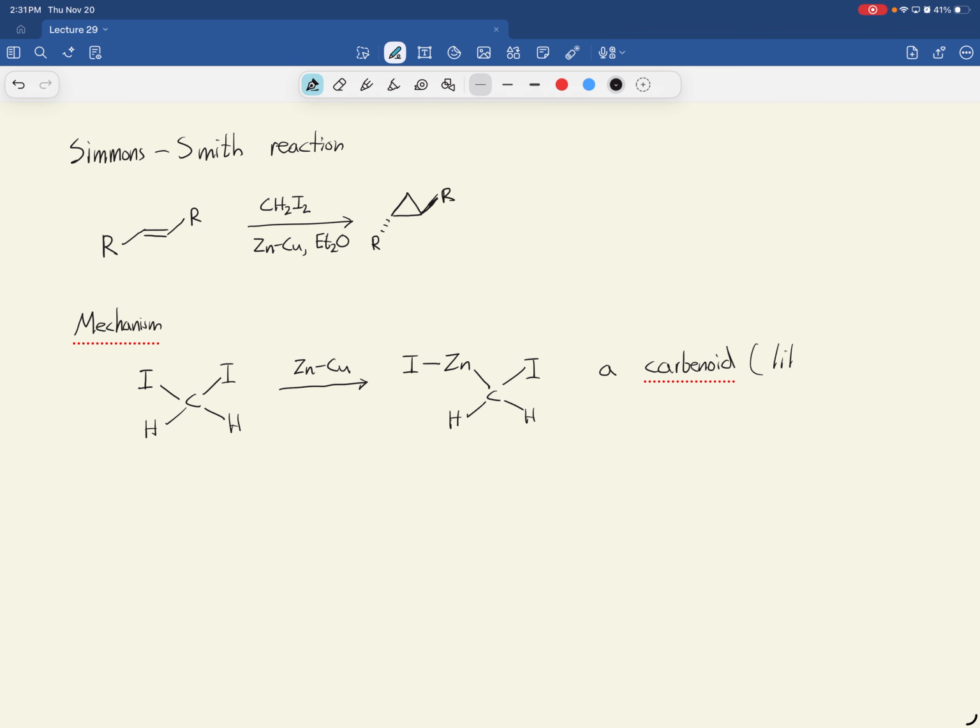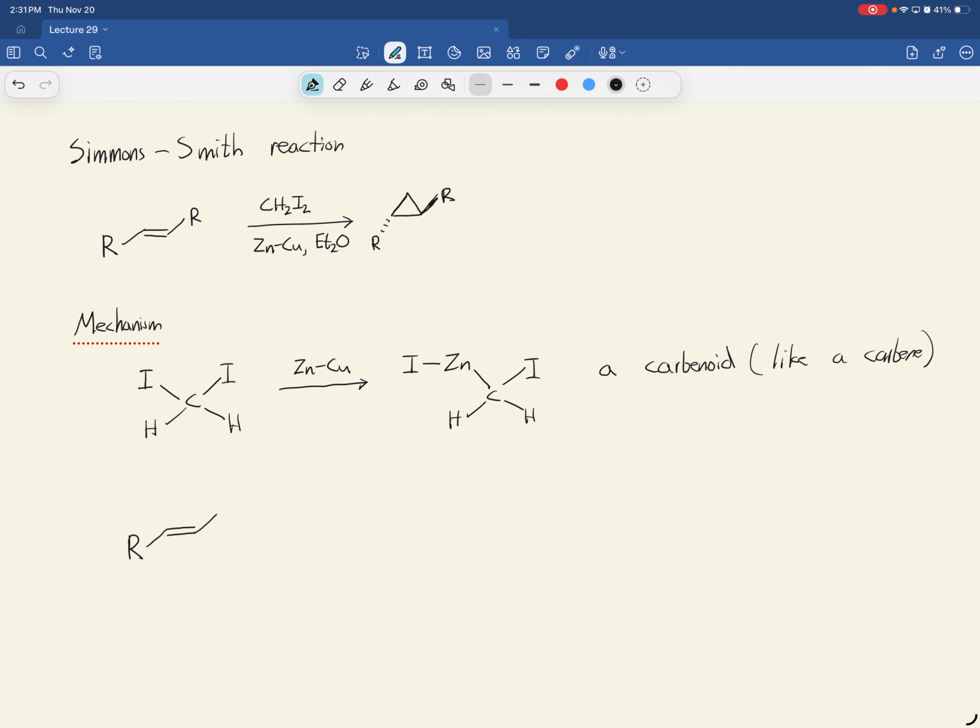It's like a carbene. All right, so the mechanism has been well documented. There might be a mechanism on that website, but I found this mechanism online.